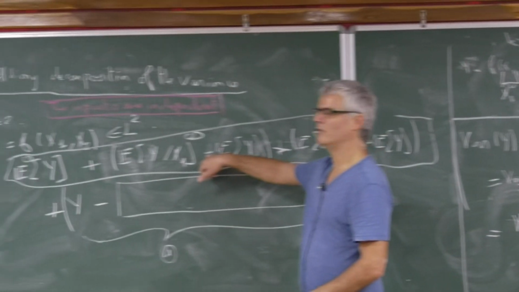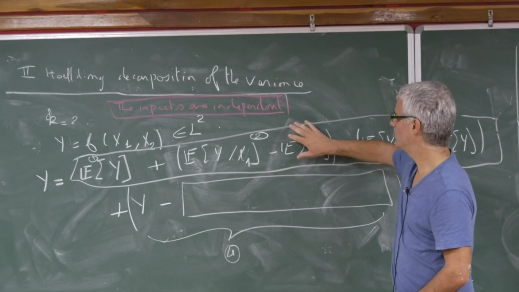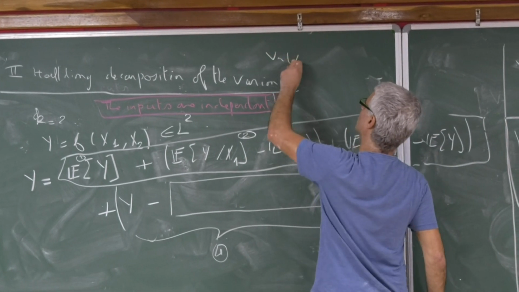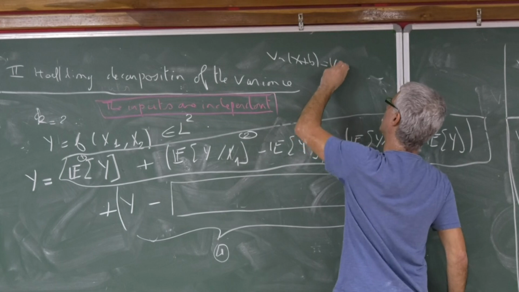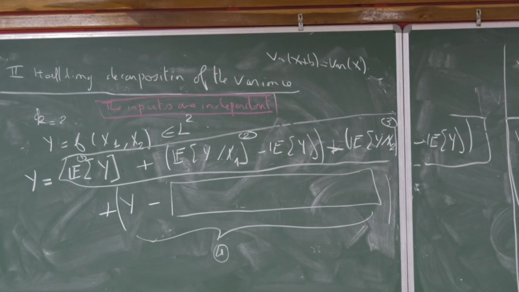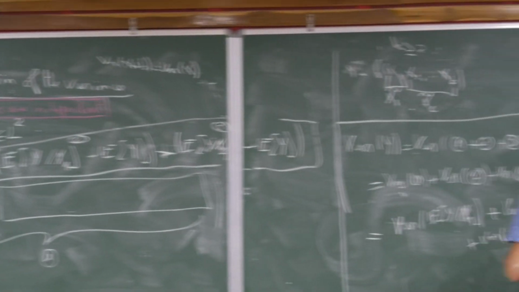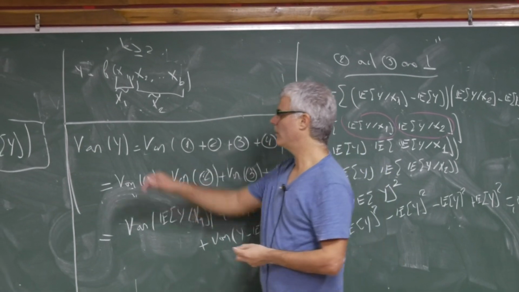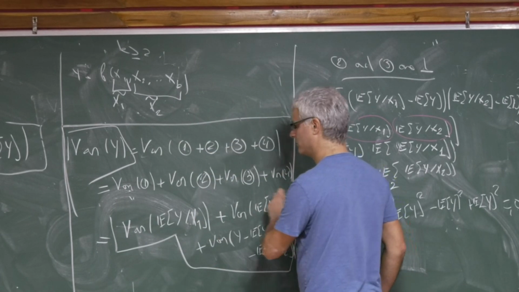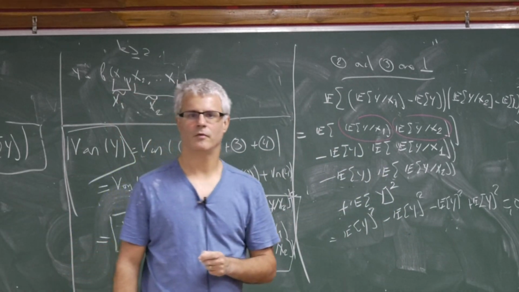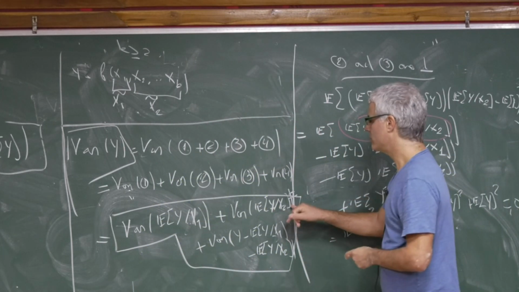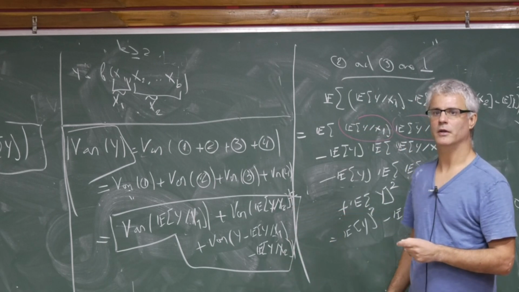So for example, computing the variance of this term is the same thing as computing the variance of just this one, because the variance is invariant if you add a constant, okay? So at the end, if you compute the variance on both sides, you have a formula that tells you that the variance is equal to the sum of the variance of the expectation of y knowing x1, plus the one with x2, plus the variance of the remaining term, okay?